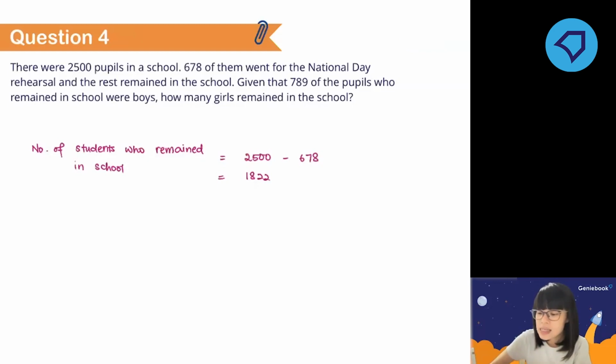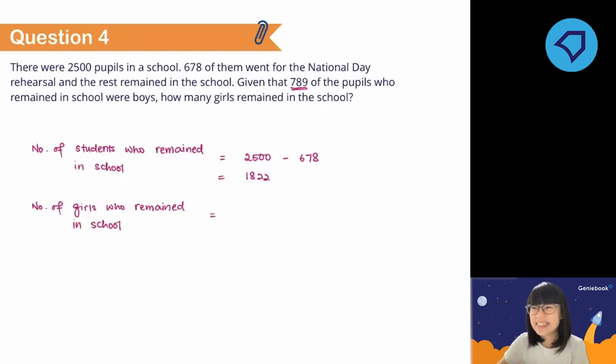Given that 789 of them were boys, you want to find the number of girls who remained in school. Okay, so what do you need to do? Yes, you need to do subtraction.